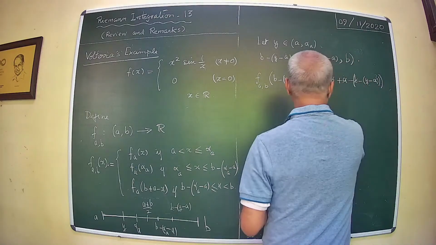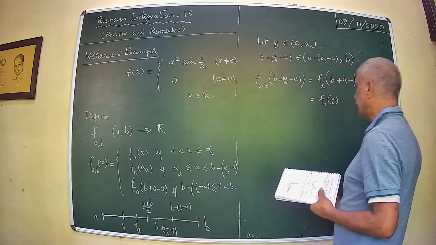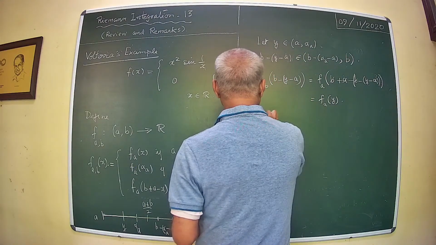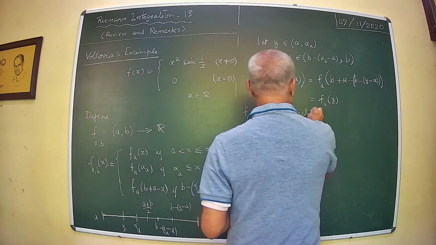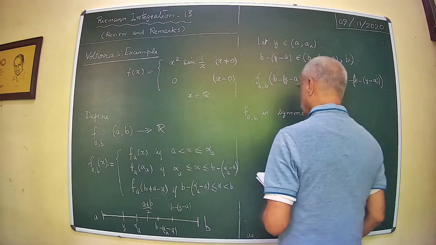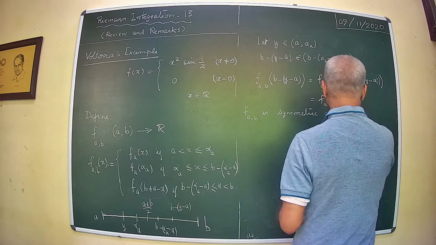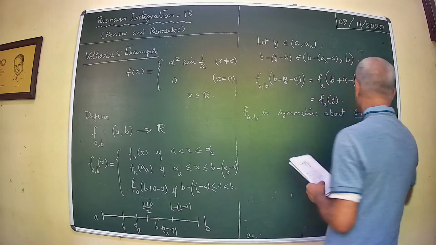Therefore you see that f_ab is symmetric about (a+b)/2.